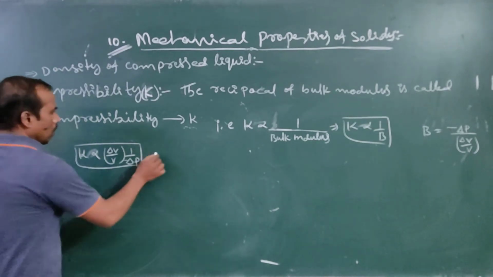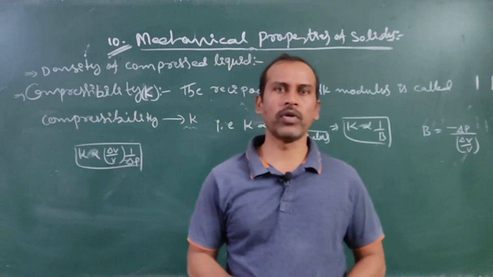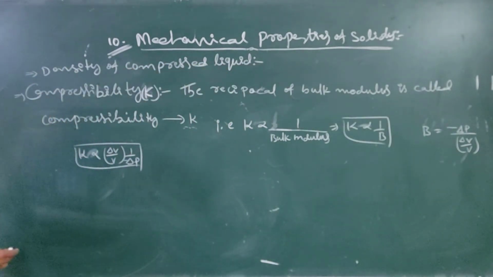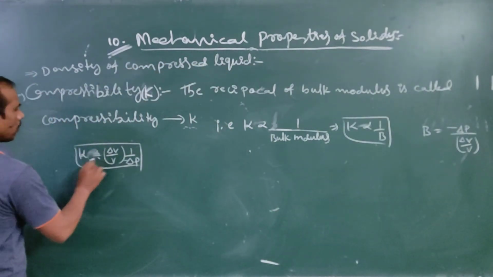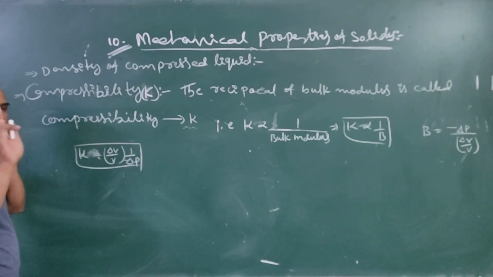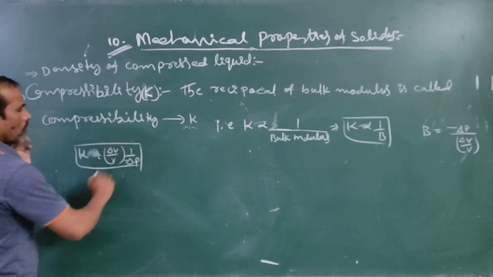So, for the compressibility, the dimensions and units: K is equal to delta V by V, that is, times 1 by delta P.